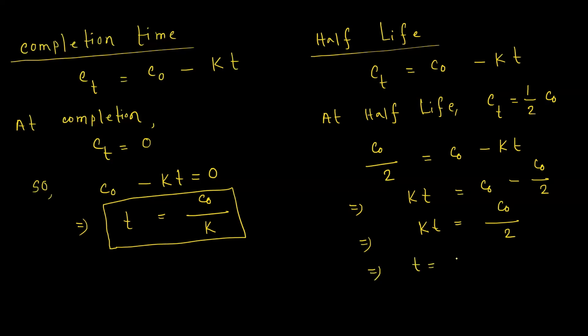So our time will be C naught upon 2K. So our completion time will be C naught upon K, and our half-life will be C naught upon 2K.